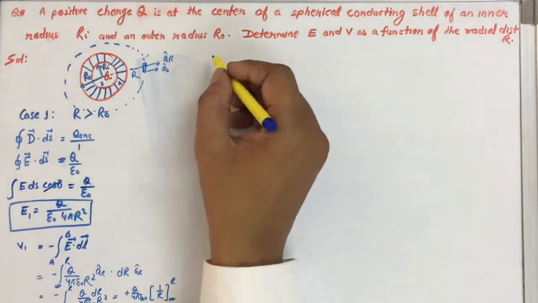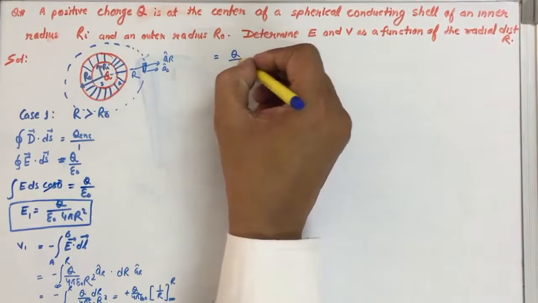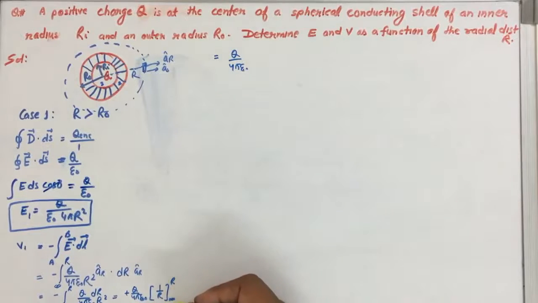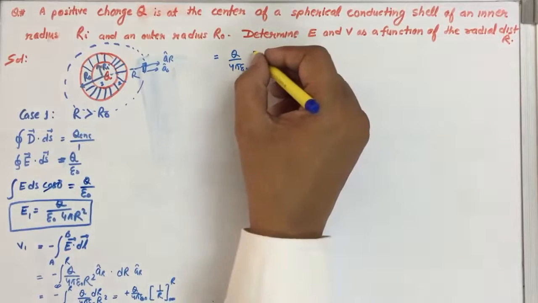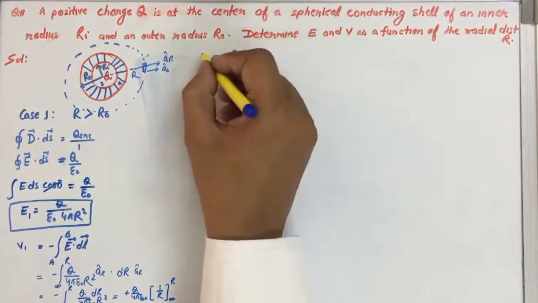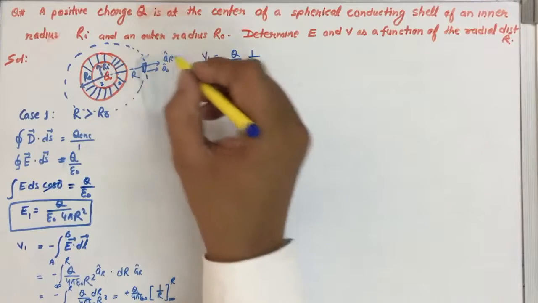If we simplify it, then we find Q by 4 pi epsilon naught times 1 by r minus 1 by infinity, that will be 0, so minus 0. So this is the potential at point 1 that we have considered here.